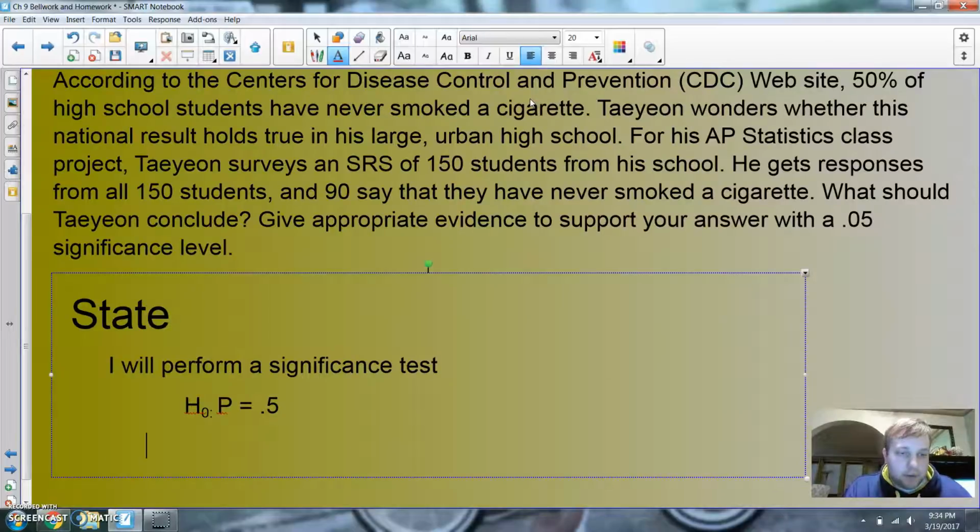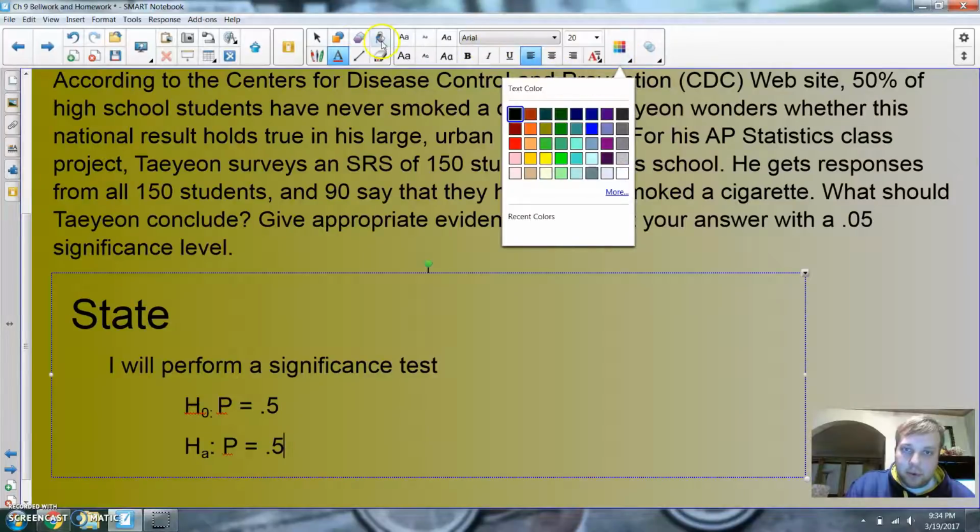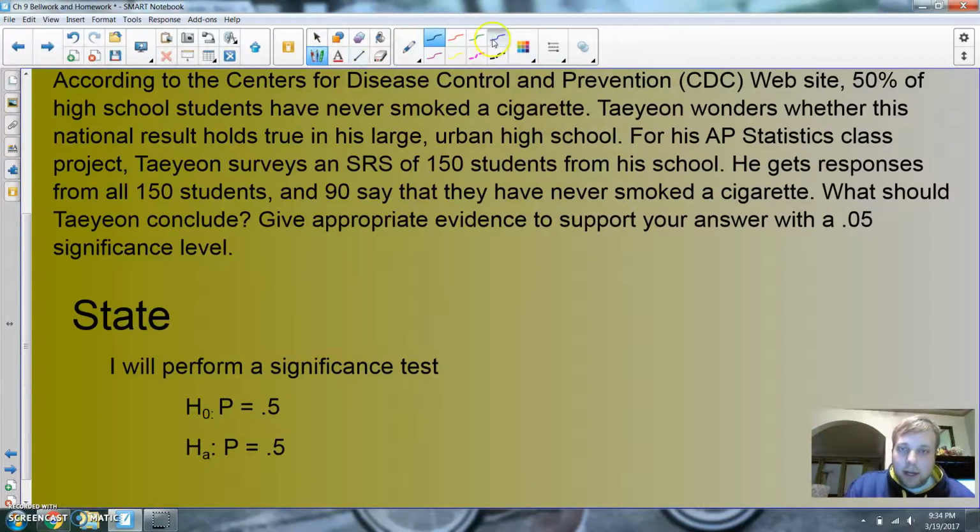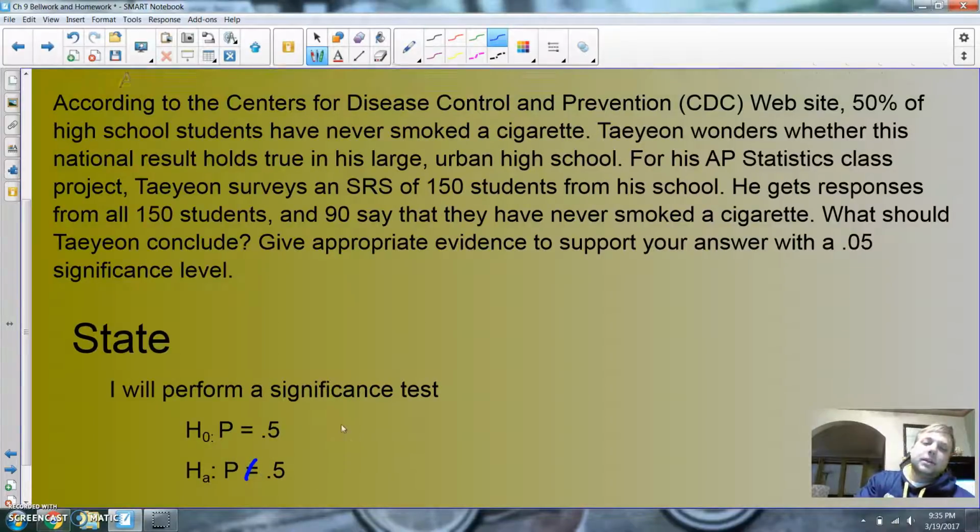So that means the H sub A is going to be P not equal to 0.5. Because I just want to see if they are different.